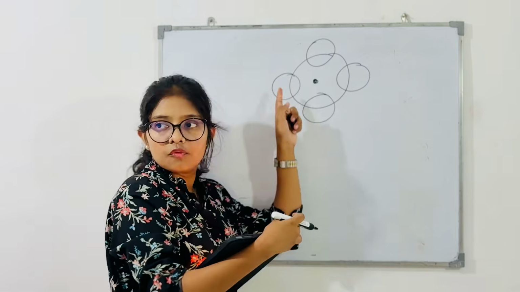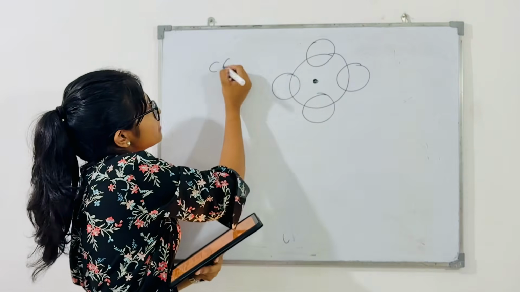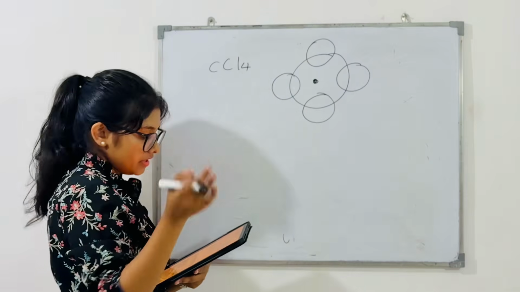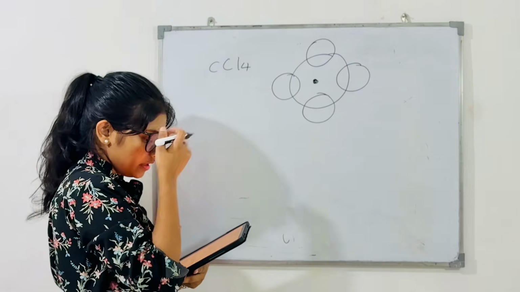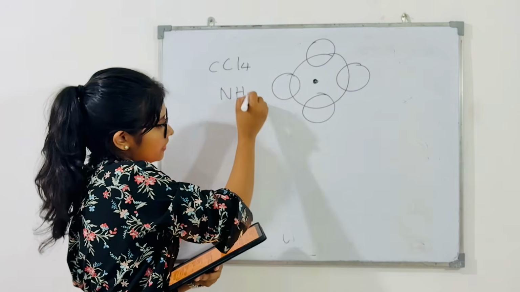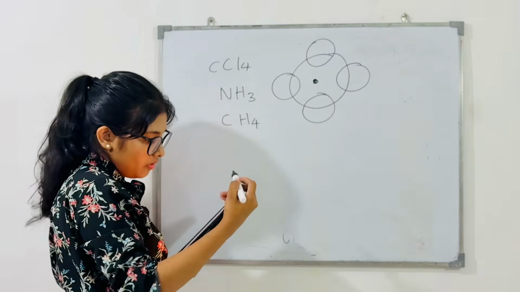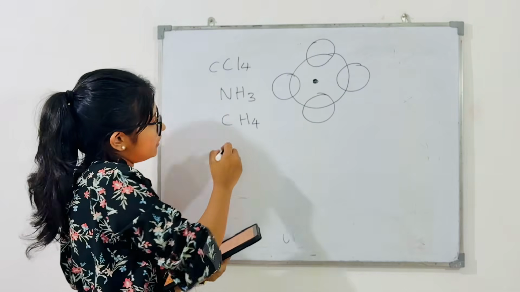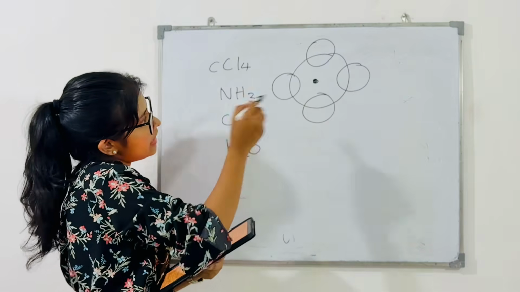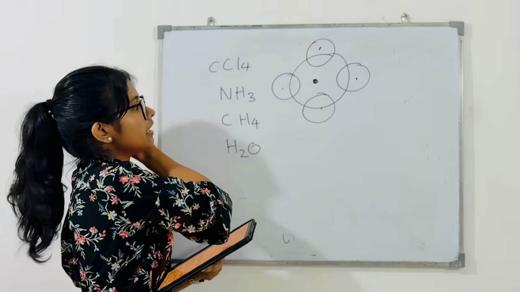There are 4 atoms around this. The answers are carbon tetrachloride, which means CCl4. The second one is ammonia, which means NH3. The third one is methane, CH4. And the next one is water, or H2O. So as you can see, there are 4 other atoms around the center atom.